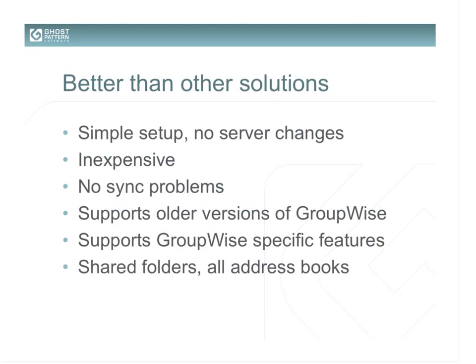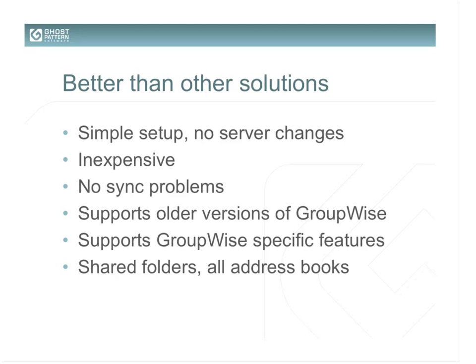So again, why is this a good solution from an IT point of view? Well, it's very easy to set up. You don't actually have to do anything as an IT department to accommodate these apps. You just tell your users, go out and get the app, point it at GroupWise Web Access. Almost everybody has a GroupWise Web Access server set up. Fairly simple and straightforward. The apps are fairly inexpensive.